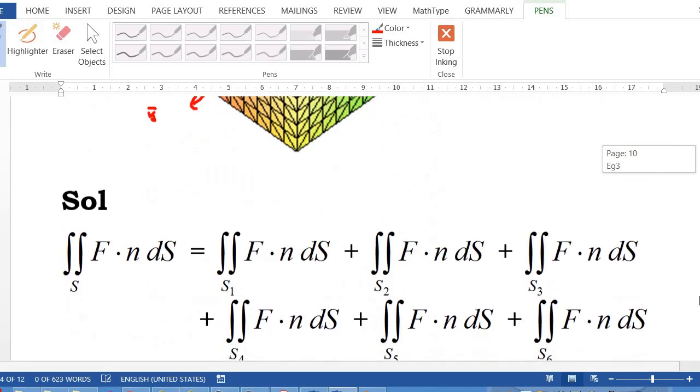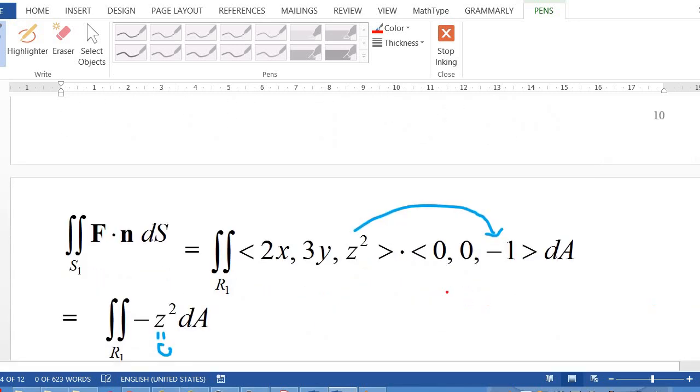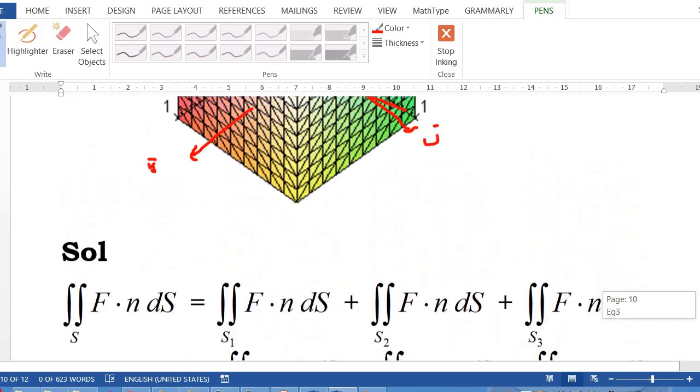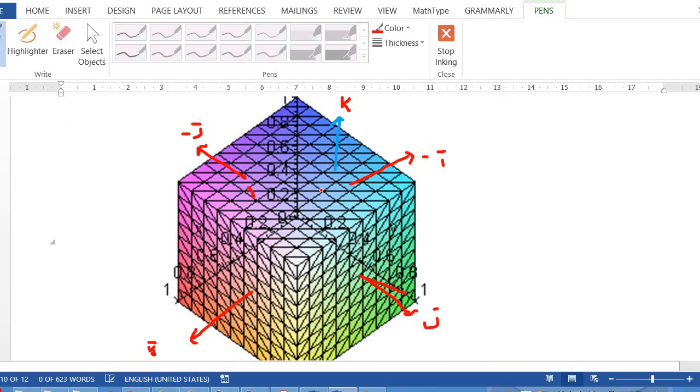However, for the unit normal vector you don't need the formula with negative del z del x, because we know the unit normal vector for the cube. On the top surface, with the flux flowing outward, the unit normal vector will be positive k. On the bottom surface, the unit normal vector is negative k. The unit normal vector means orthogonal to the surface.